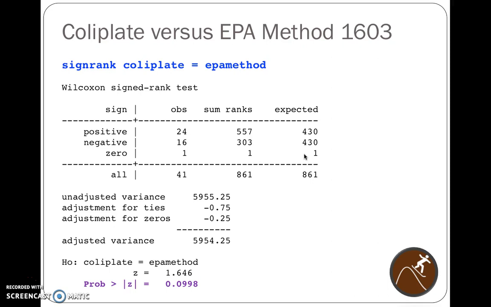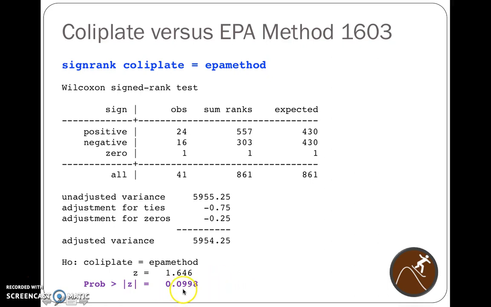So when we do the more powerful test, the signrank Coliplate equals EPA method, saying that the distributions are similar and they're providing similar results, we got a p-value down here of 0.0998. So is there a statistically significant difference? Well, usually alpha is set at 0.05.